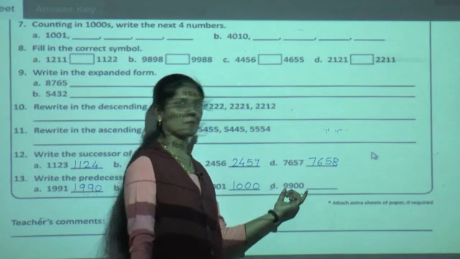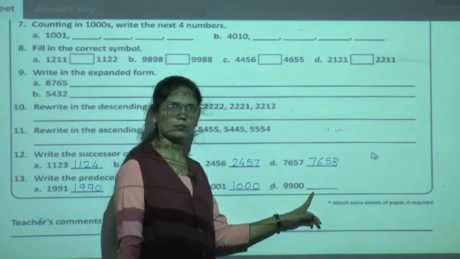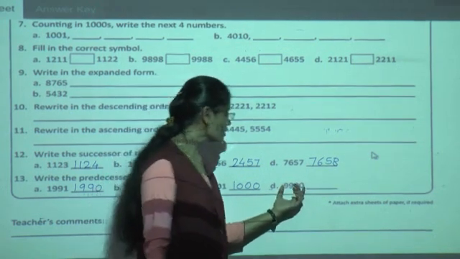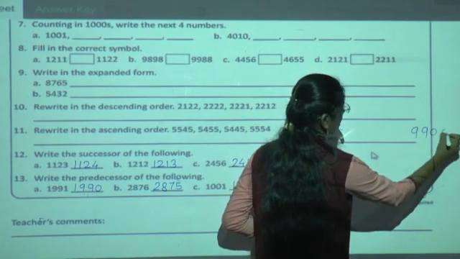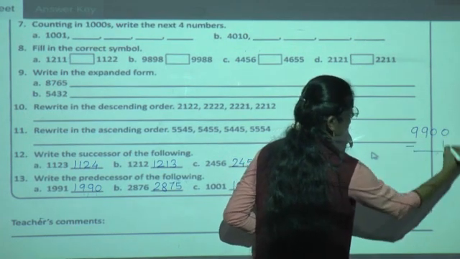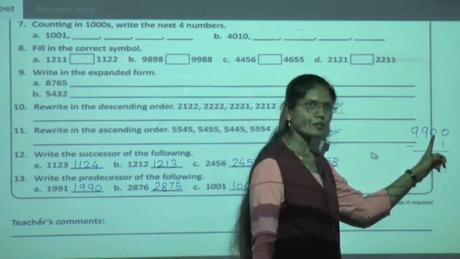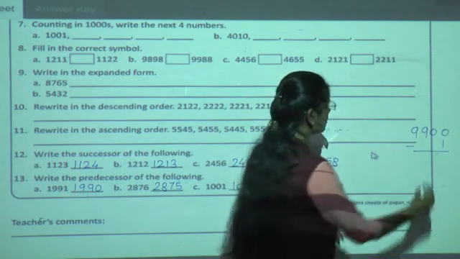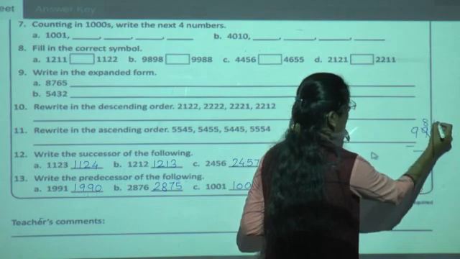Now see this number. The number is 9900. We have to subtract 1 from this number. You can do the subtraction here also in a vertical way. 0 minus 1 we can't do. So go to the next place. Here also 0 is there. So we will take 1 borrow from this 9. We will cut the 9. It will become 8 and this 0 will become 10.